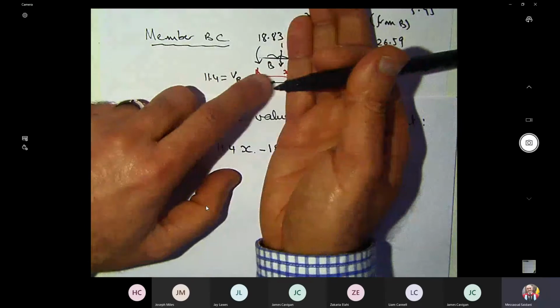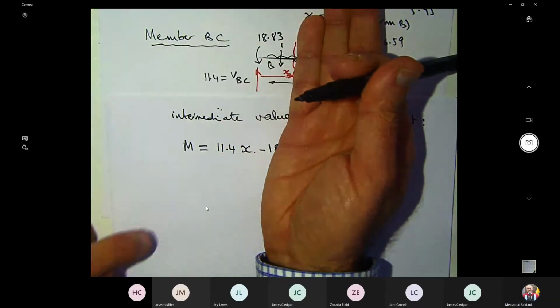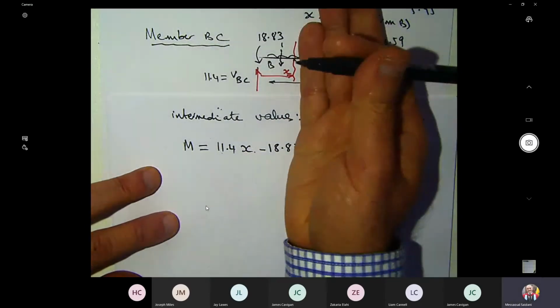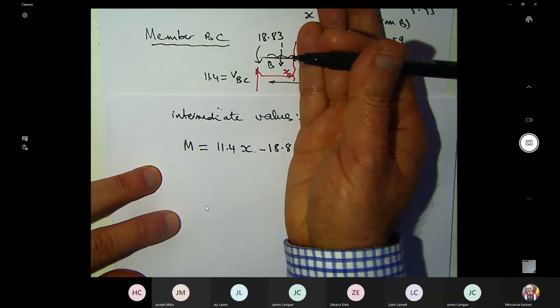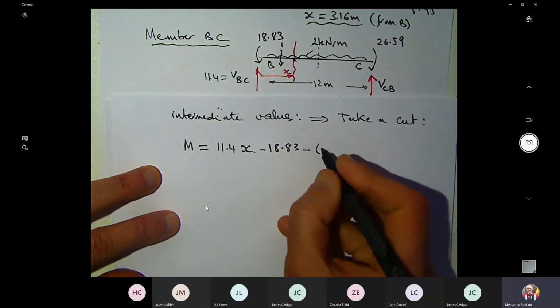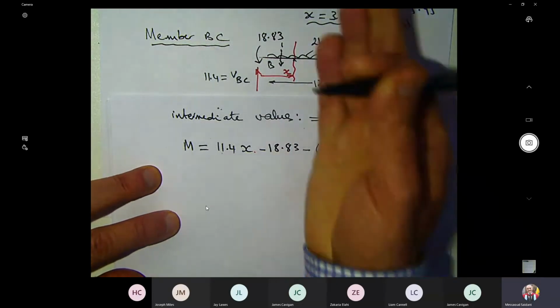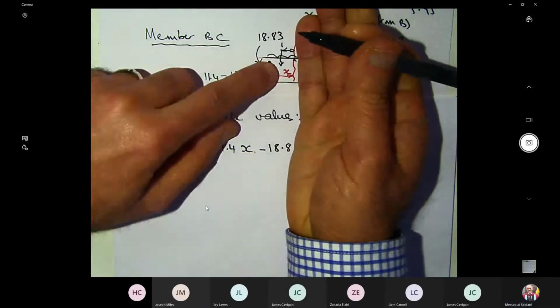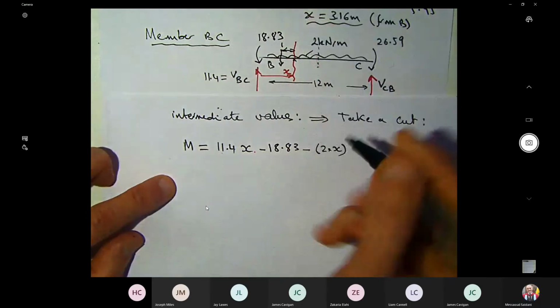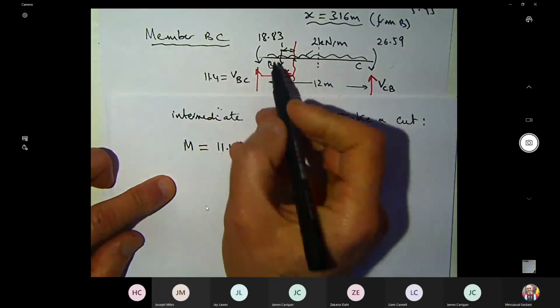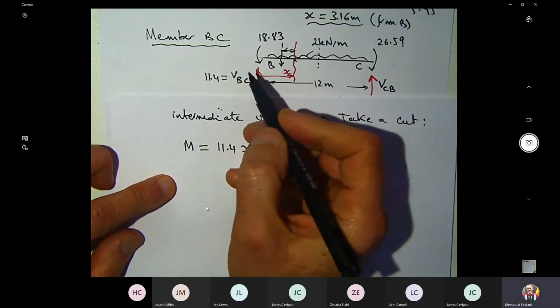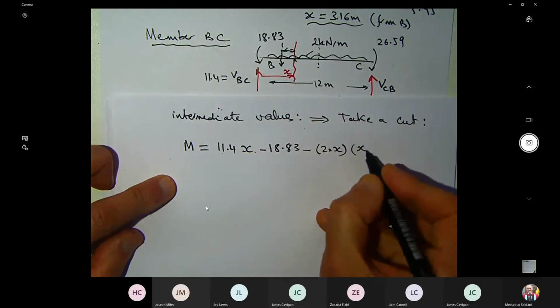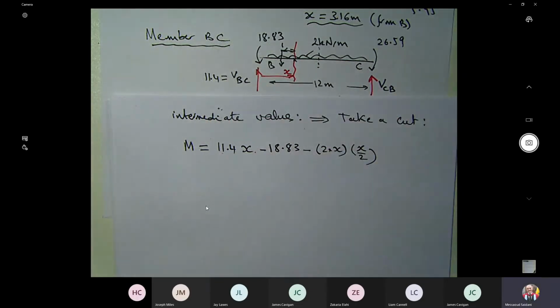It will be 2 times x. Will it be positive or negative? Yes, so minus 2 times x, that's the total UDL, times the distance. What's the distance? Now look, this is x, so x over 2. That's the equation of the moment, okay?